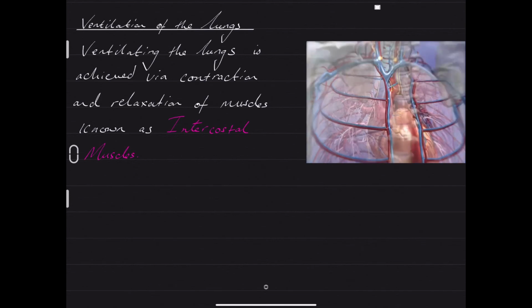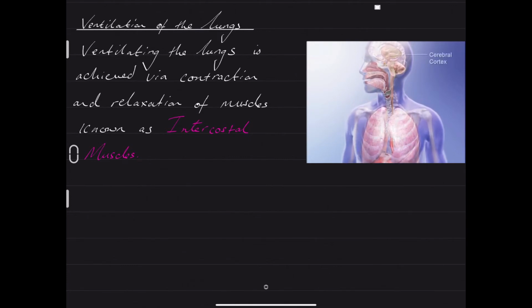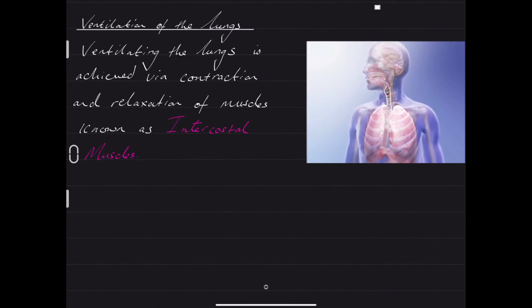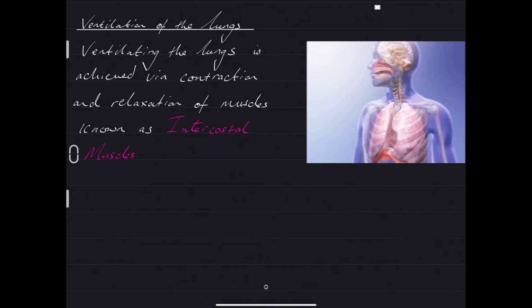And these intercostal muscles are found between the ribs, and the contraction or relaxation of these intercostal muscles is going to cause the difference in air pressure. And these intercostal muscles can be found in between the ribs and the diaphragm.